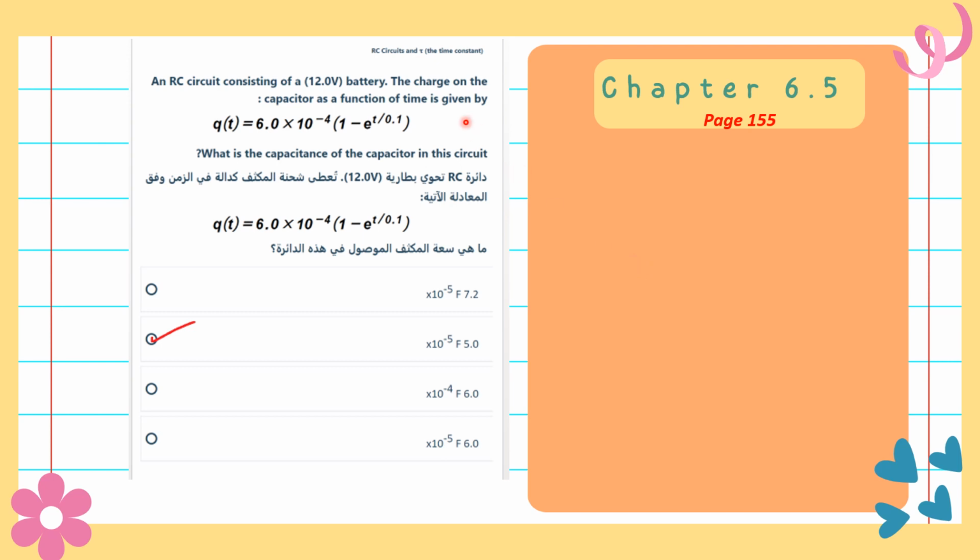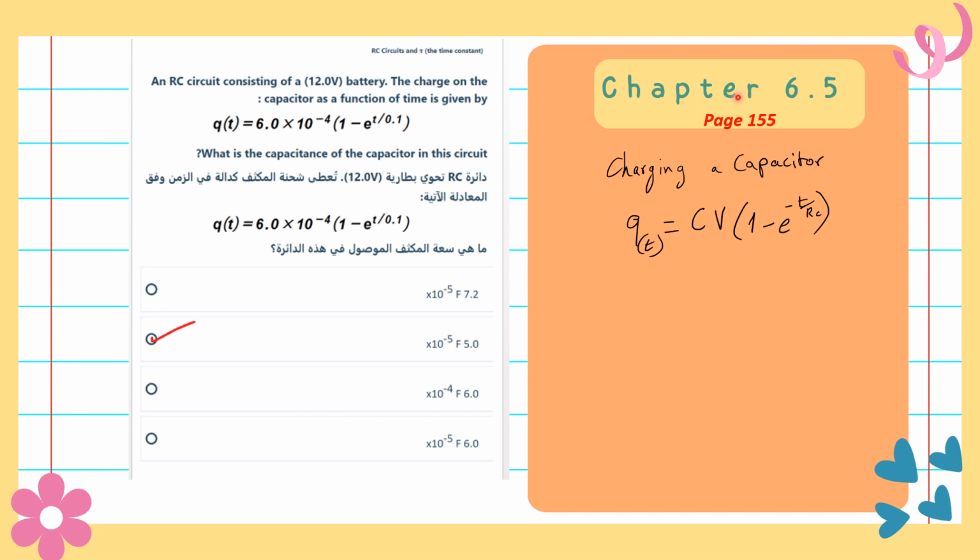Question number 23. An RC circuit consisting of a 12-volt battery. The charge on the capacitor as a function of time is given by this equation, which is 6 multiplied by 10 to the power of minus 4, multiplied by 1 minus exponential of minus t over 0.1.